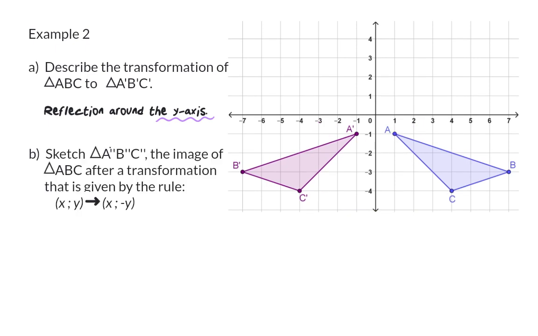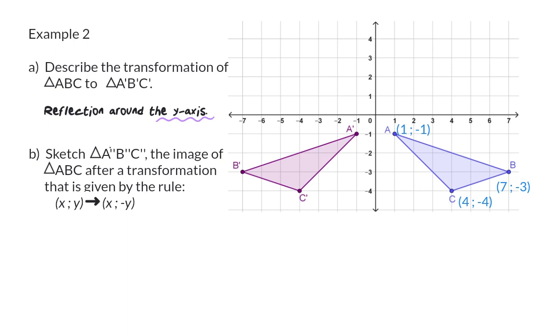Question B. Sketch triangle A double prime, B double prime, C double prime, the image of triangle ABC, after a transformation that is given by the rule (x, y) becomes (x, -y). Here I'm going to start by writing down the coordinates of triangle ABC. Now we need to apply this rule to each of these coordinates.